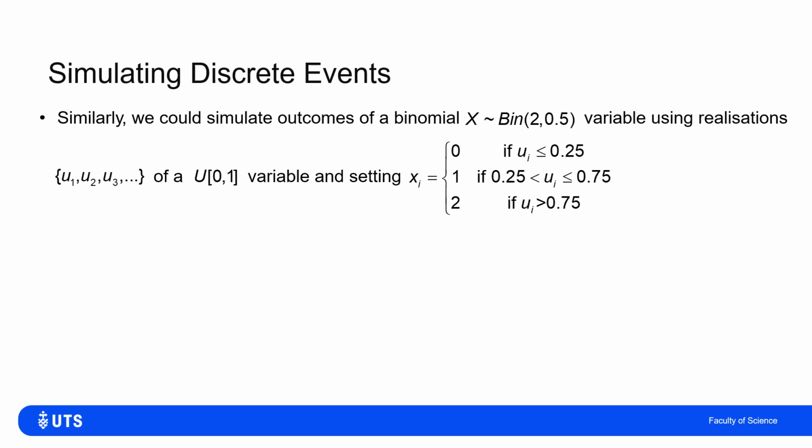So I can still think of this as being based on coin flips, but in this case it's based on flipping 2 fair coins and counting, say, how many heads. So a quarter of the time I would get no heads, tails, tails. A quarter of the time I'd get 2 heads, on average, heads, heads, and half the time I would get 1 heads and 1 tails, either tails, heads, or heads, tails.